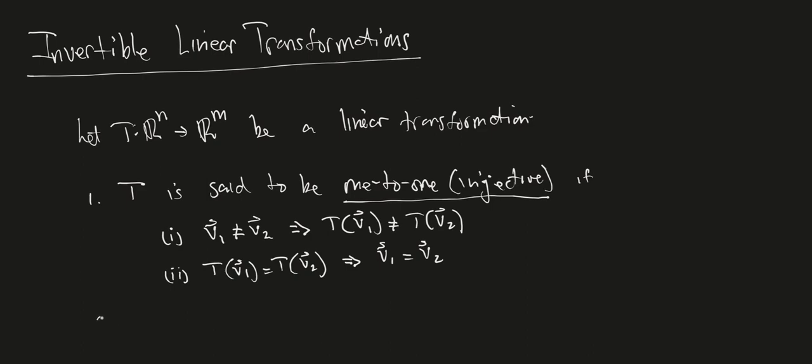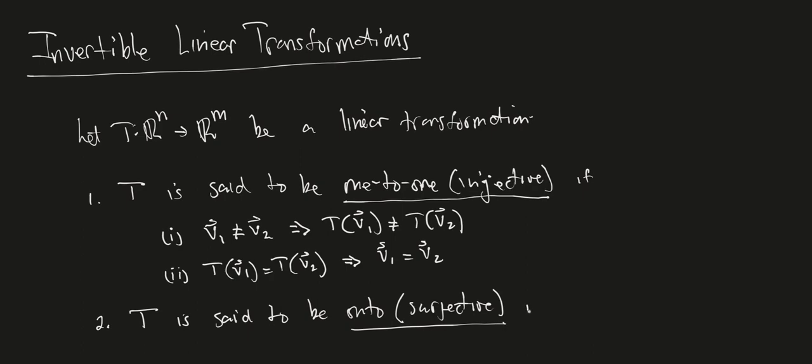The second thing that we need to define is the concept of onto. So T is said to be onto or surjective, if the range of the transformation is equal to Rm.